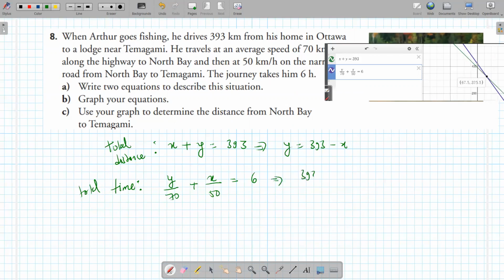So 393 minus x, this is the substitution component: the y becomes 393 minus x, plus x over 50 equals 6. How do you solve this linear equation for x? You find the common denominator. What is it between 70 and 50? It's the same thing as between 7 and 5.